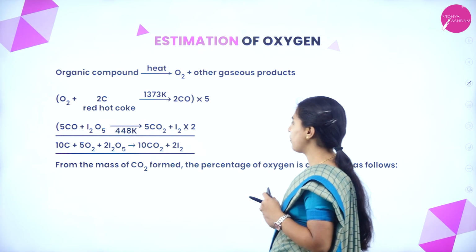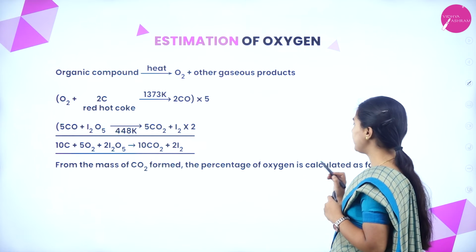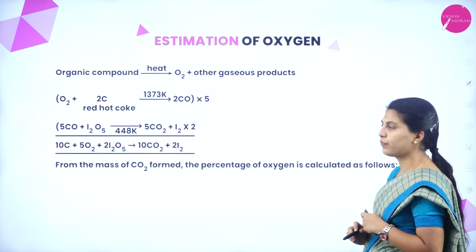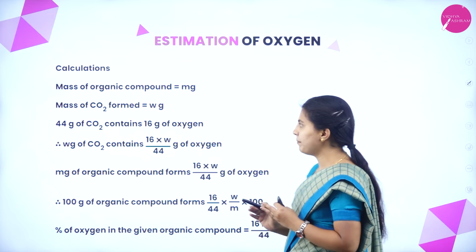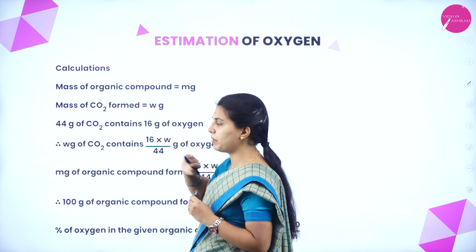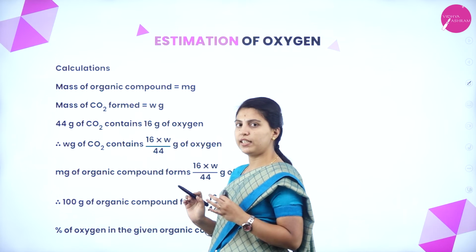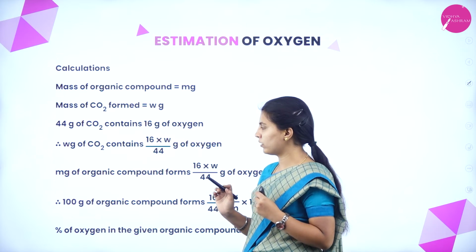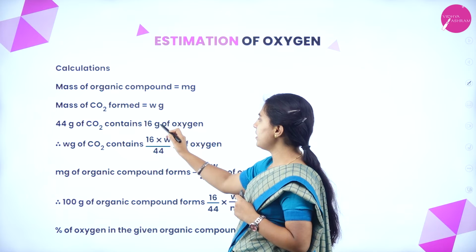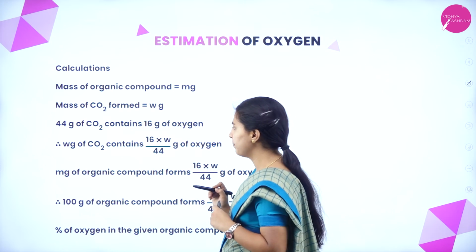From the mass of carbon dioxide formed, the percentage of oxygen is calculated as follows. The overall thing is the same: mass of organic compound, mass of carbon dioxide formed. 44 gram of carbon dioxide, that is the molecular mass of carbon dioxide. This is the atomic mass of oxygen.